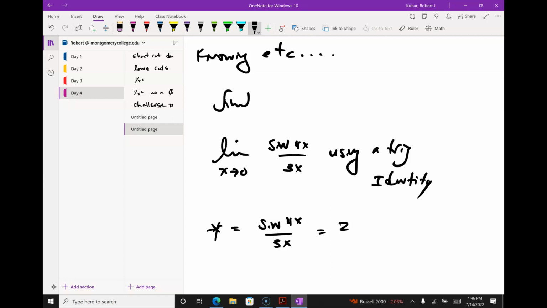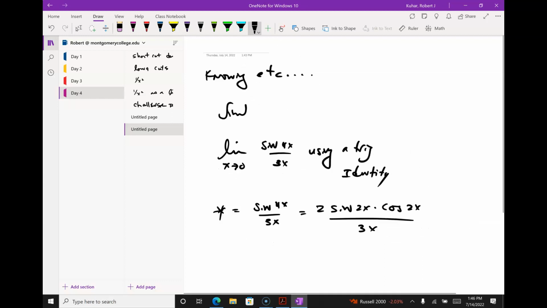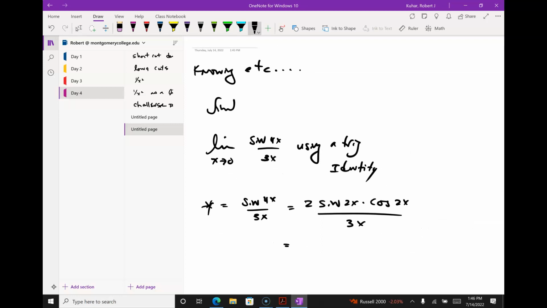Nice. 2 times sine 2x cos 2x. We know sine 2 theta is 2 times sine theta cos theta. We got that memorized, or we have it on our formula sheet, or we have a tattoo, right?